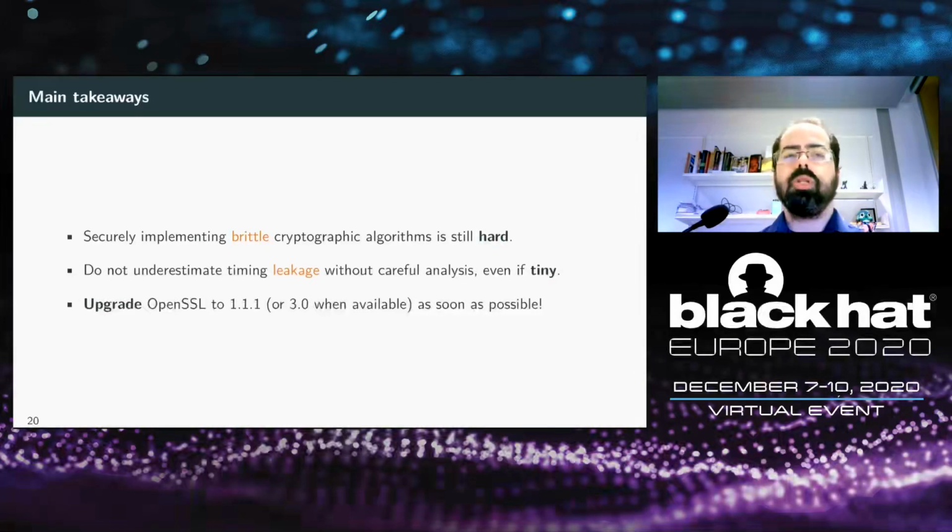In a more operational manner, we recommend everyone to upgrade to OpenSSL version 1.1.1 or version 3.0 when it's available as soon as possible. The development community behind OpenSSL has made a wonderful effort to improve the code base and its implementation security since Heartbleed, and we should all benefit from that effort.